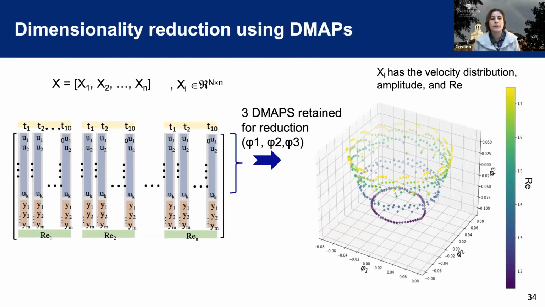So how do we implement all these techniques? The first step is to define functions on the available data by first computing the eigenvectors as a finite representation of eigenfunctions and using them as a new parametrization. In this case, when we do diffusion maps on the available data, 3 diffusion maps are retained for the reduction or restriction step.